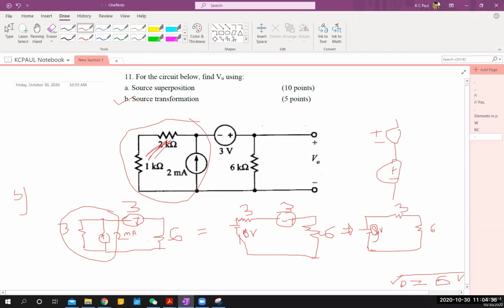That's a simple thing. 3 plus 6 is 9, and you're sharing 9 volts, so every resistor will get 1 volt. So this voltage divider will give 6 volts for this one, right? V is equal to 6 volts. So we got the same answer both ways. Is it clear? These 2 elements are connected in series, so use the voltage divider rule. Using source transformation, we got this one.